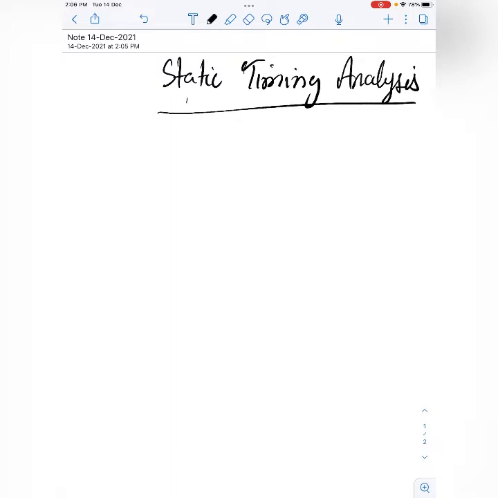So as the name suggests, static means it's static in nature, so no inputs are applied.